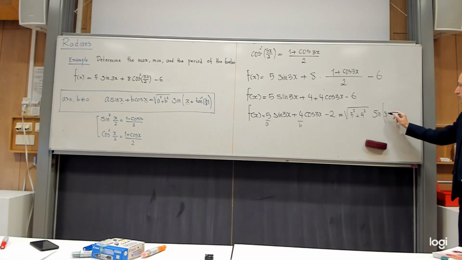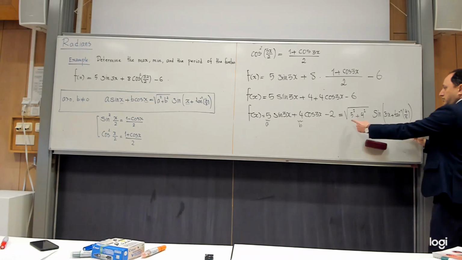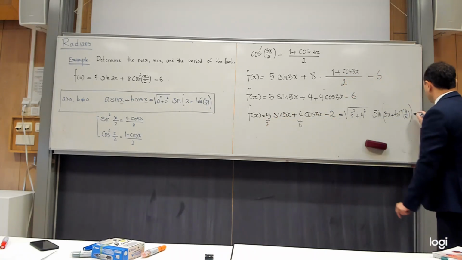I have to write 3x plus tangent inverse of B over A, 4 over 5. And then what I have written so far is for this part, but I have a negative 2 at the end.